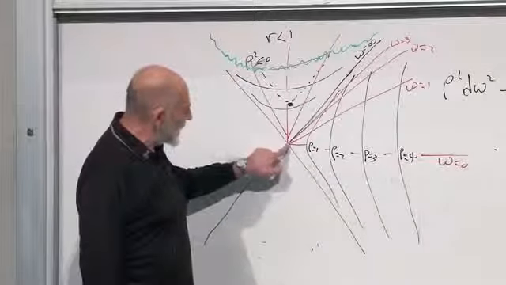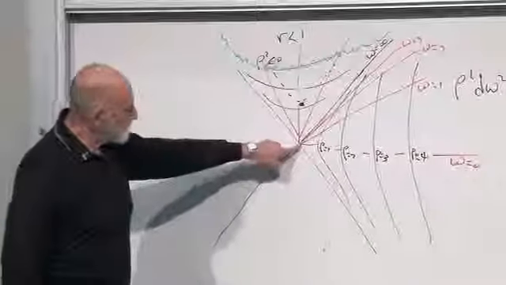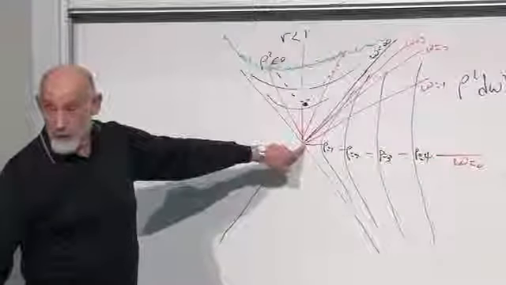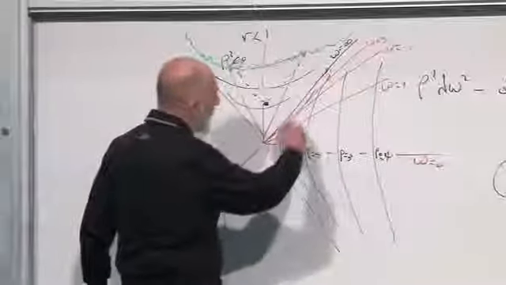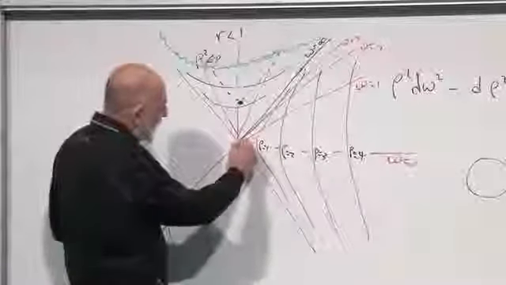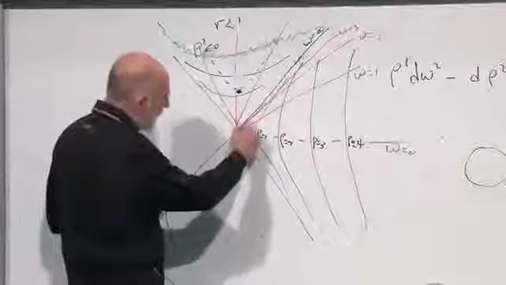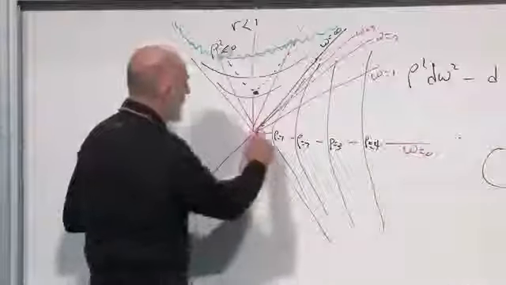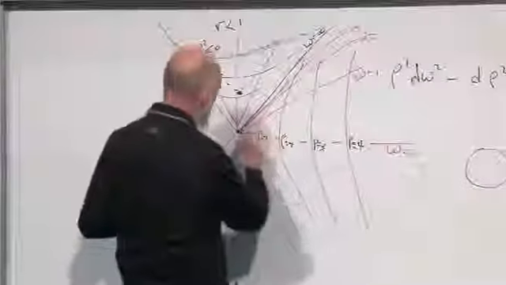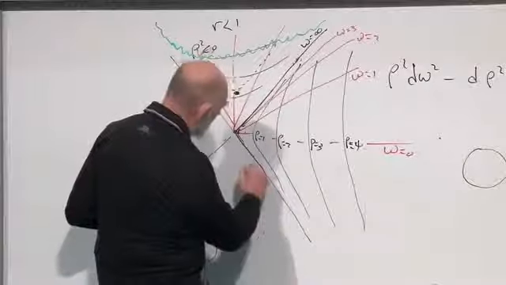What is this one? What is this point right over here? Rho equals 0, right? But rho is equal to 0 all along, well, just imagine a hyperboloid very, very close to here. Essentially all along this line here and this line, rho is equal to 0.